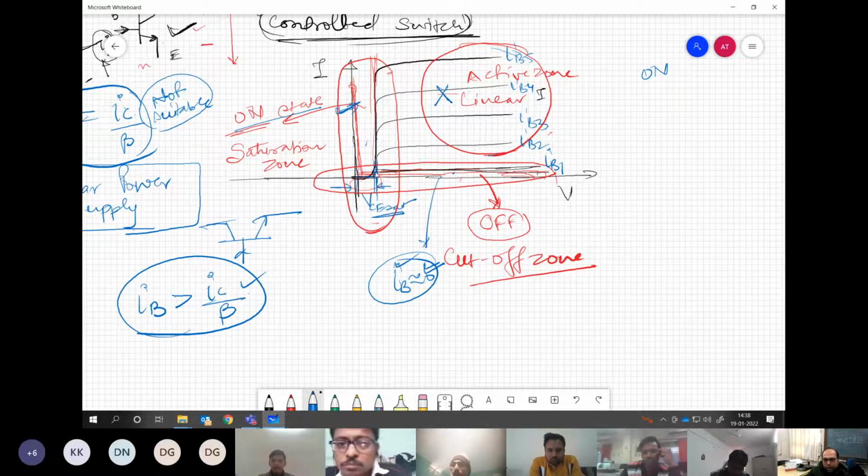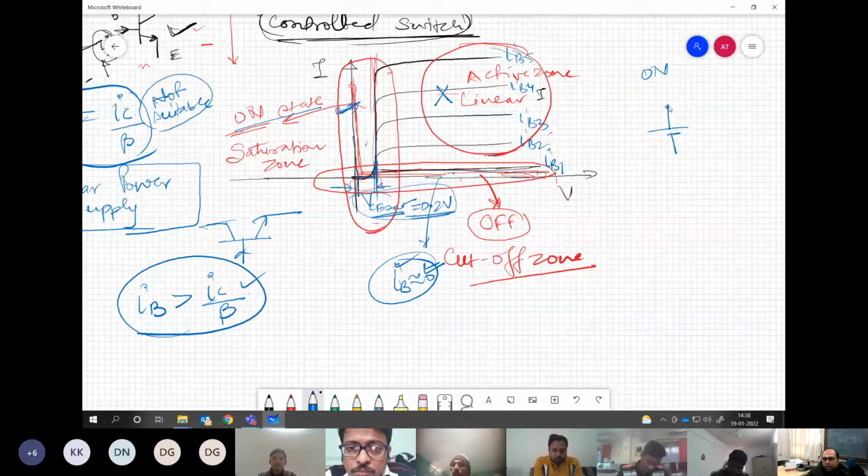The characteristic takes a very steep rise only after this voltage, and this value is something like 0.2 volts or so. So this is called the saturation voltage, and then it is very steep. That means the equivalent circuit is like this, where this is the direction of flow of current.